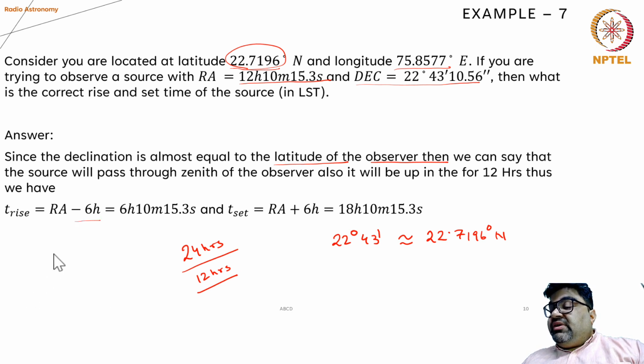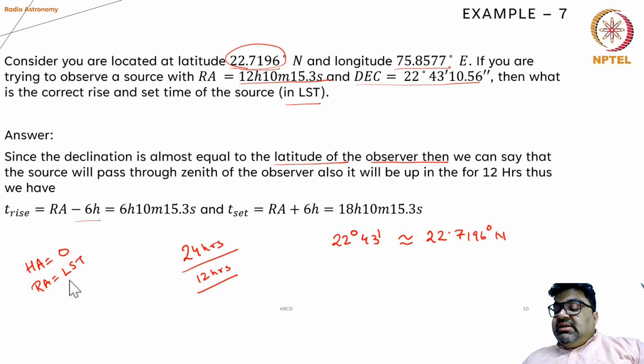is, so we want to know the rise and set time in LST. Now remember, when it transits, when it is crossing the zenith, the hour angle is equal to 0 at the transit. So at the transit, the RA is equal to the LST.